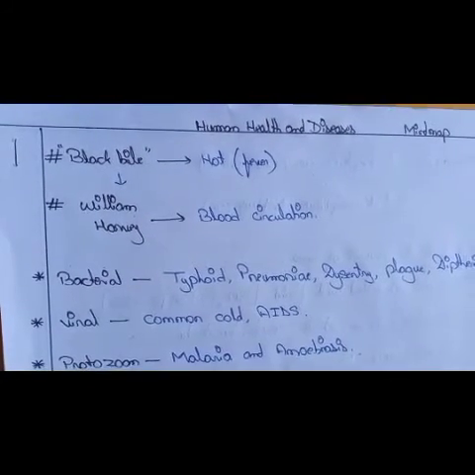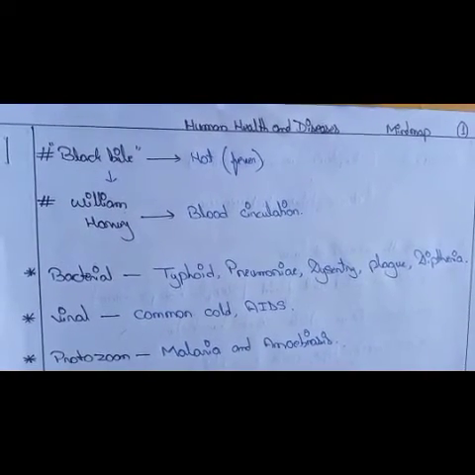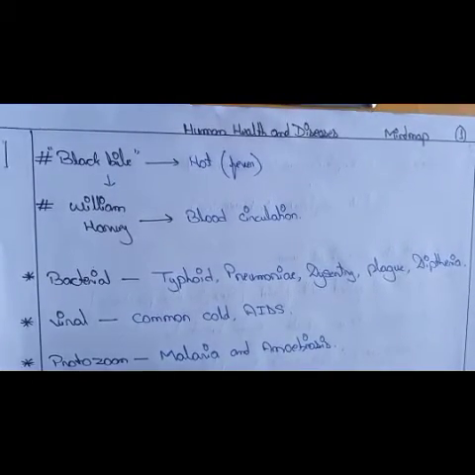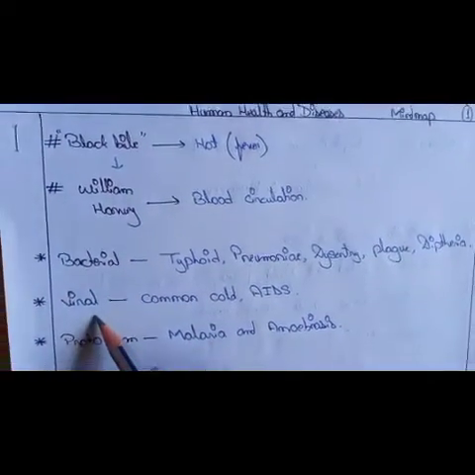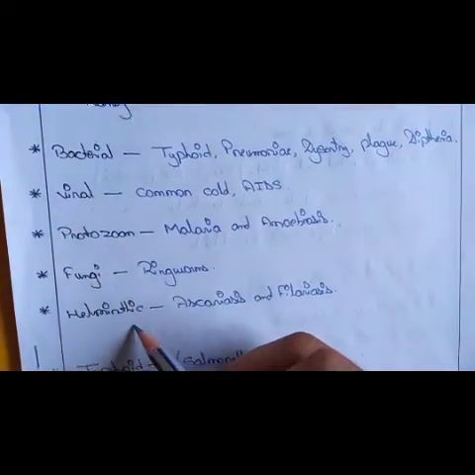diseases are of five types, means they are caused by five causative agents: bacteria, virus, protozoans, fungi and helminths.